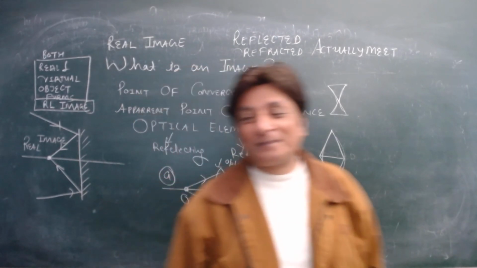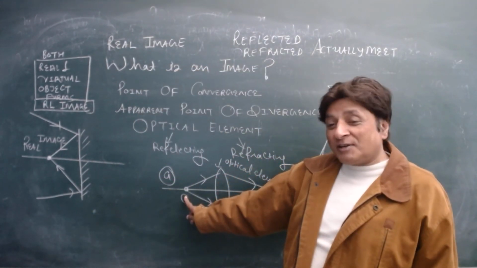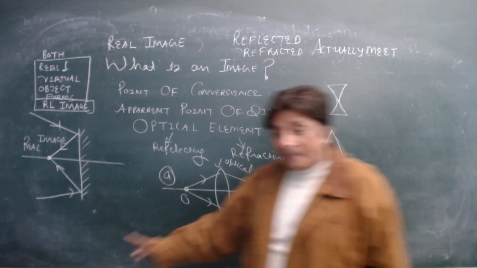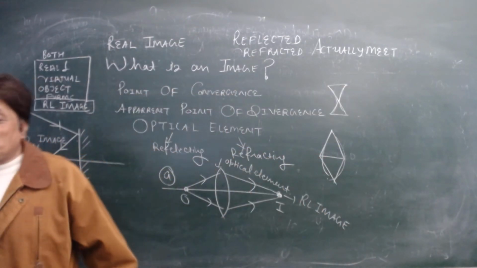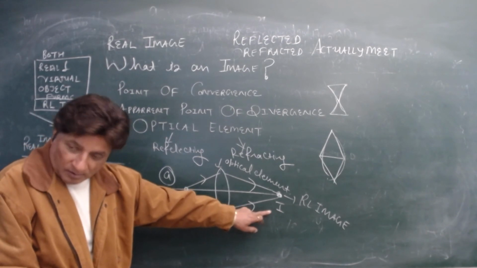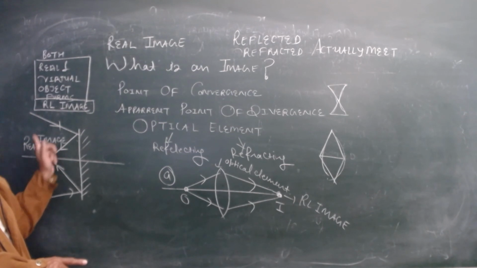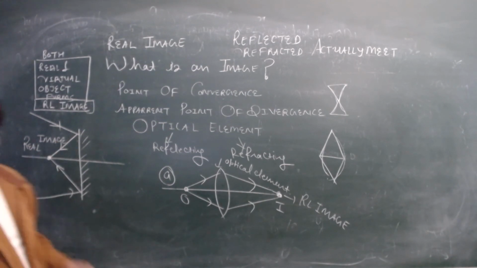Interesting. In this case, object is real and image is also real. In this case, image is real, object is virtual.